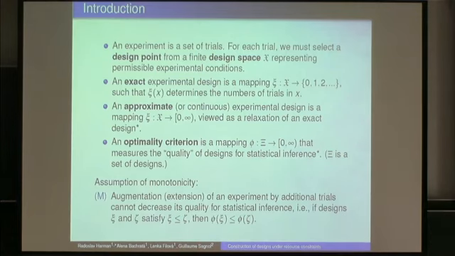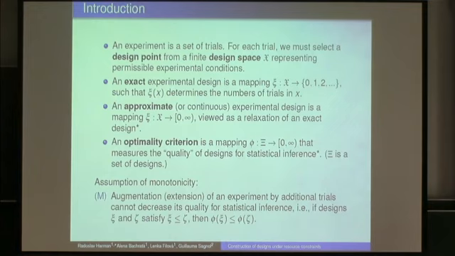Then I'll consider a very general optimality criterion. Optimality criterion maps this capital I to the set of non-negative real numbers, and it measures a quality of information content of these designs for statistical inference. Here, note that again, this criterion is not defined on the set of information matrices, but rather directly on the set of designs.